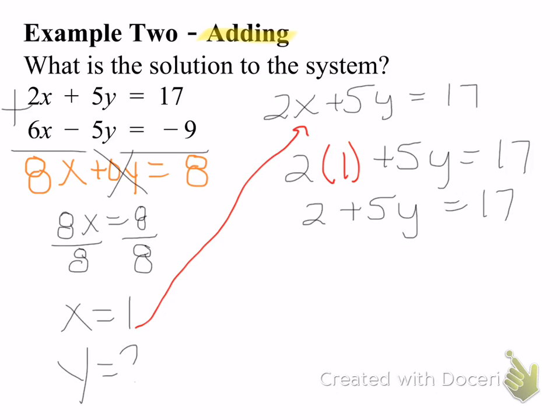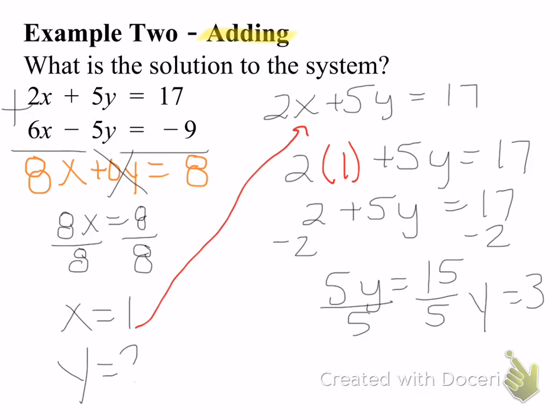And now we need to solve for y. So subtract your 2 on both sides, we have 5y equals 15. Divide by 5 on both sides. y equals 3. So that means our answer is our ordered pair, which is 1, 3.